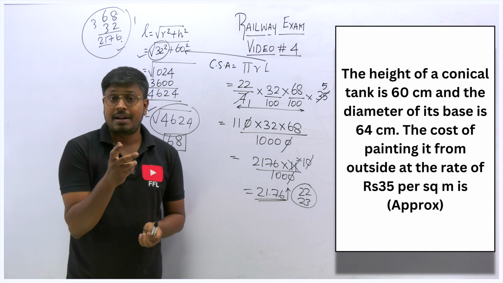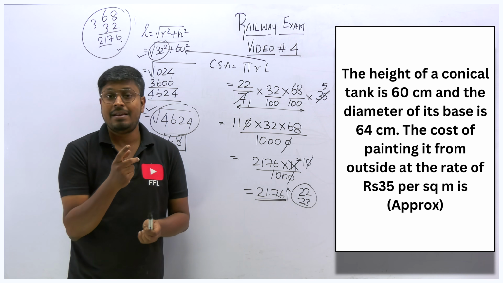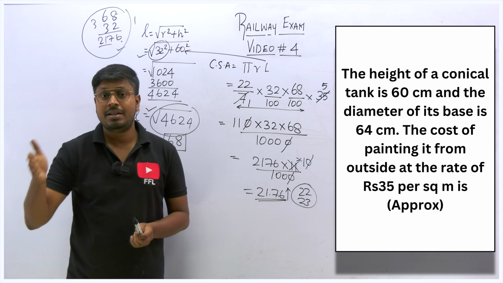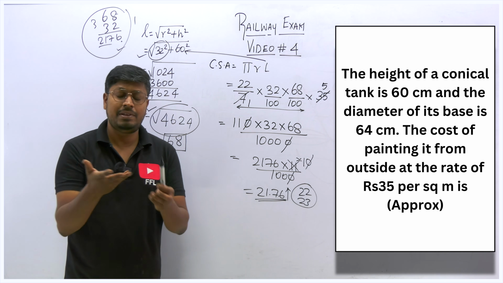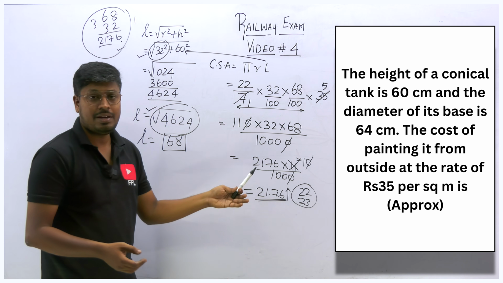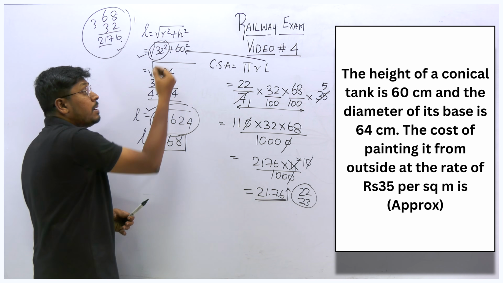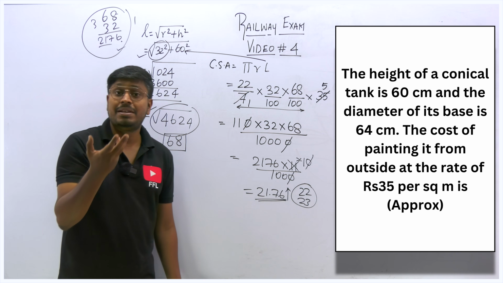So timing matters here. That's the main reason in every test I've given 12 questions in 20 minutes or 30 minutes in the test series. Without timing everyone can solve it, you can slowly multiply this number, you can slowly find the square root, but in the railway exams it is based upon the timing.